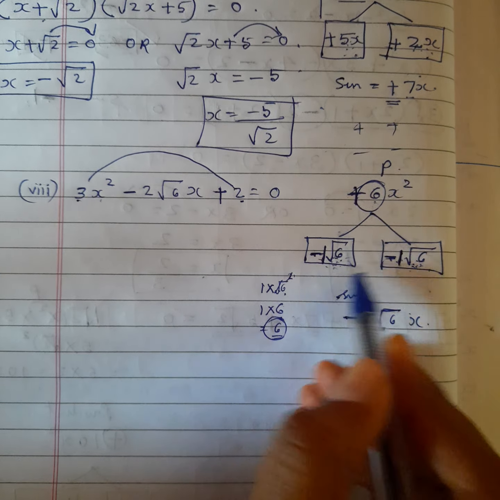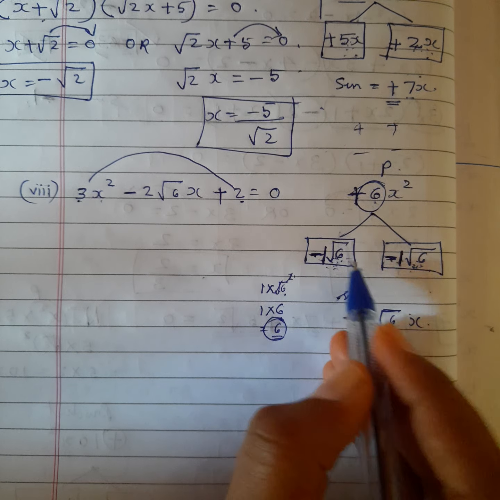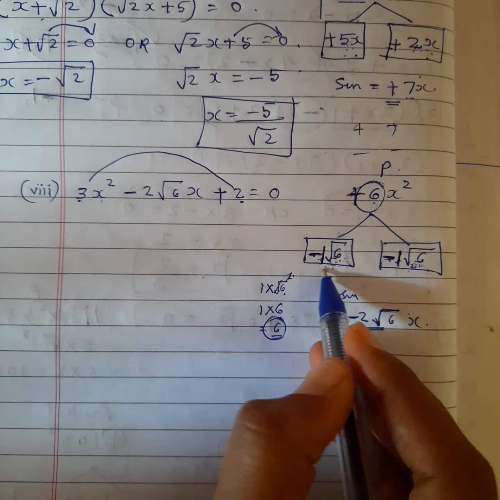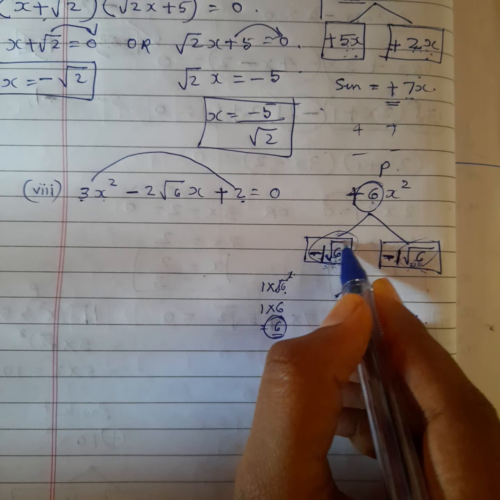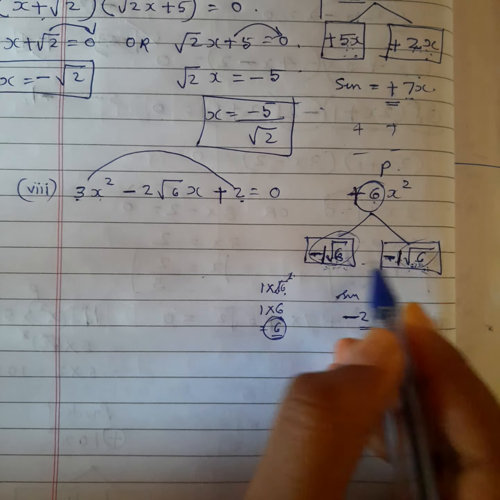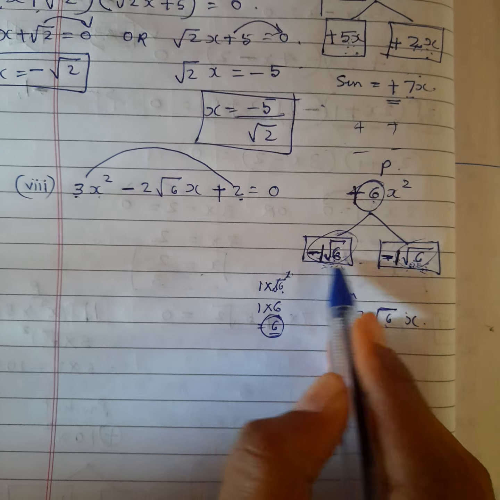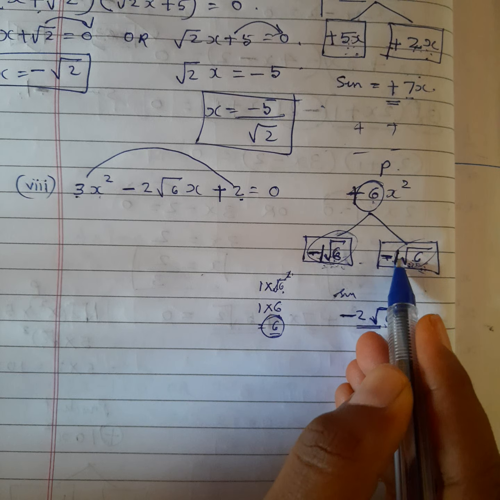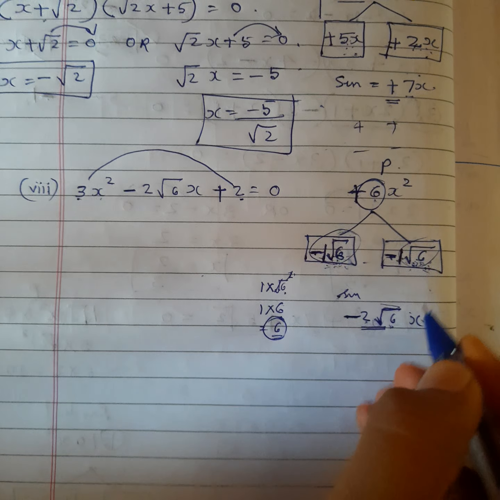So we will take such numbers. Now if both are negative, according to the addition rule, add the numbers. If the surd is the same, that surd comes as it is in the addition, and the coefficients will be added: 1 plus 1 is 2, and the surd √6 is the same, and x.